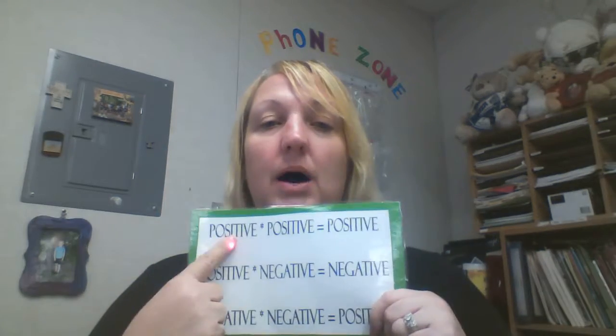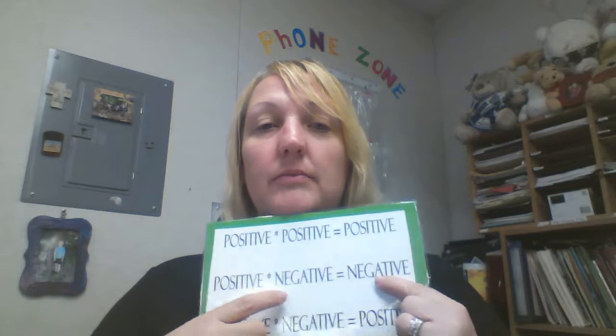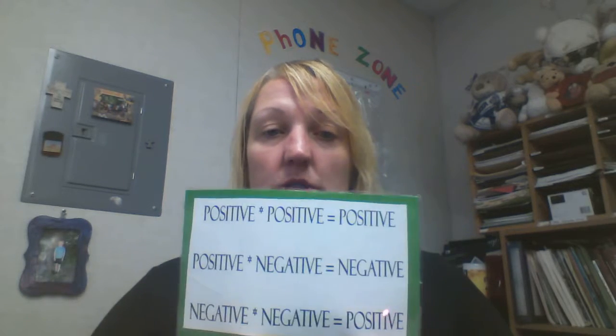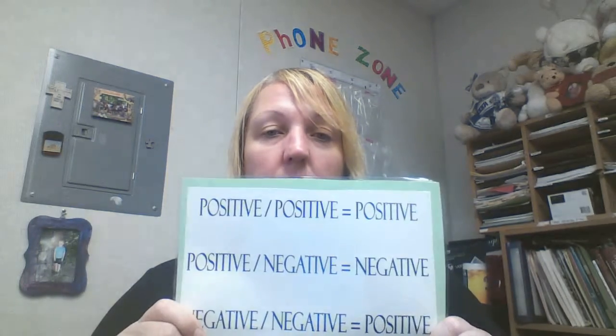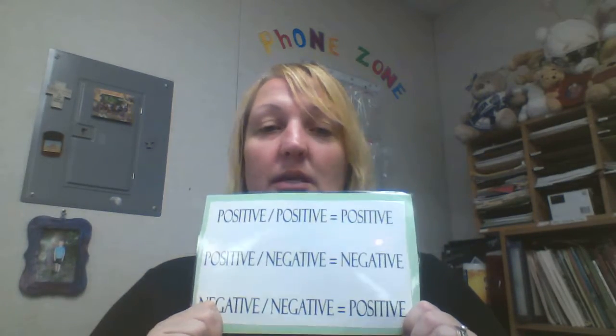Multiplying. Positive times a positive is always positive. Always, always, always. Positive times a negative, always negative. Negative times a negative is positive. Okay? Don't forget that. And then division. Positive divided by a positive is always positive.